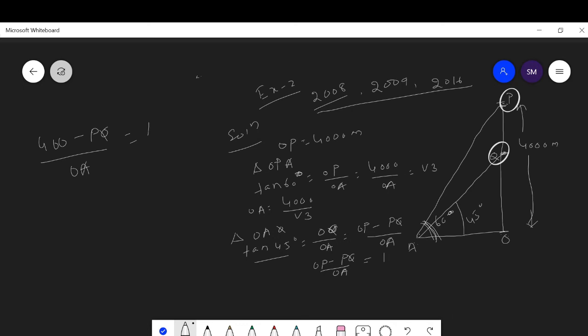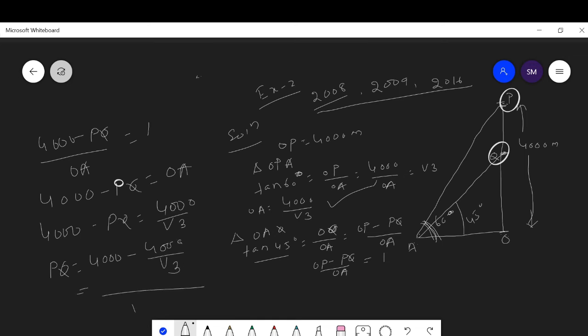But we know that 4000 minus PQ is equal to OA. In place of OA, we can write 4000 upon root 3. Then 4000 minus PQ is equal to 4000 upon root 3. Then PQ is equal to 4000 minus 4000 upon root 3.